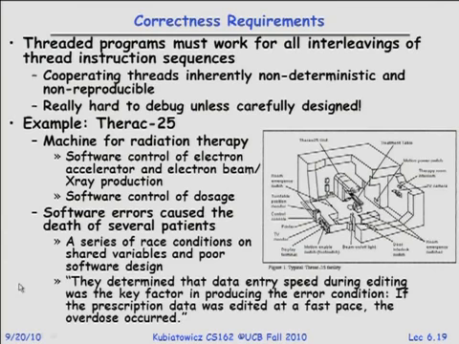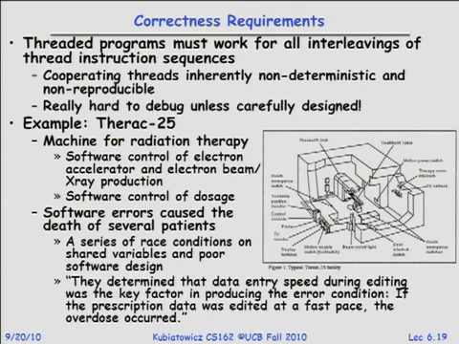They determined that data entry speed during editing was the key factor in producing the error condition. If the prescription data was edited at a fast pace, the overdose occurred. So this is a great error, right? If you've got an operator who really knows the machine well and is typing fast, then they're more likely to kill you as a result. That's a very bad synchronization bug. I hope you never get in a situation where your software bugs can cause a problem, but this is a good example of such a thing.